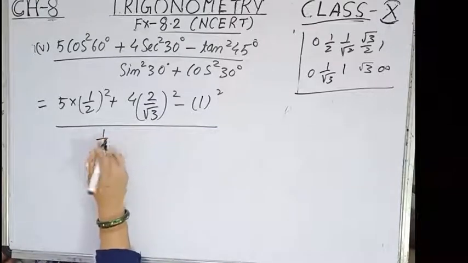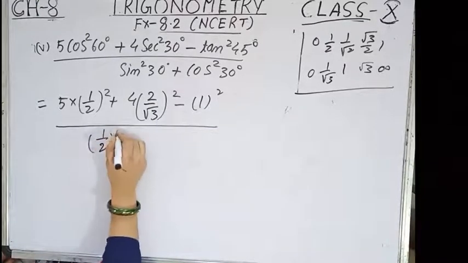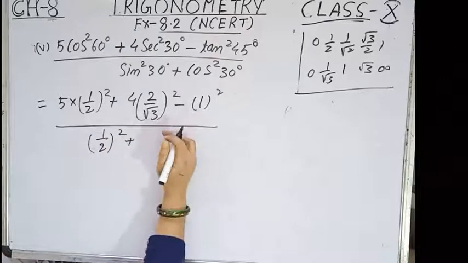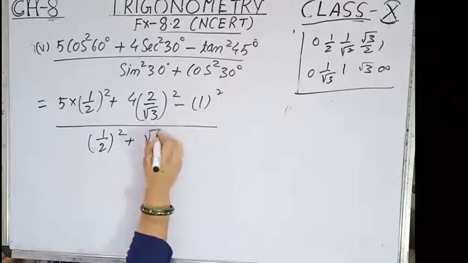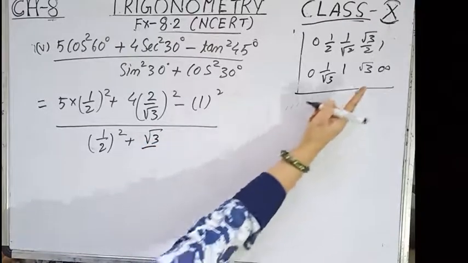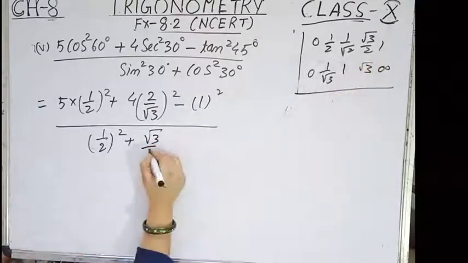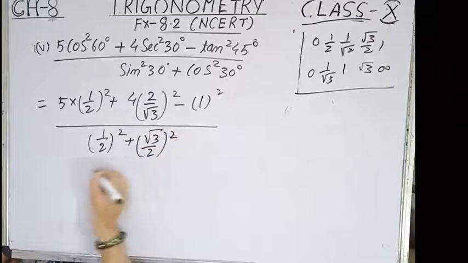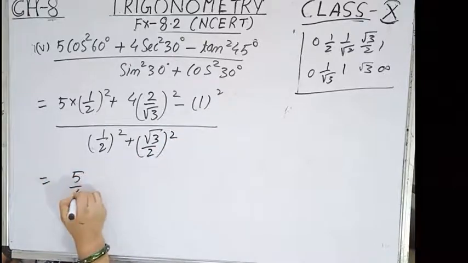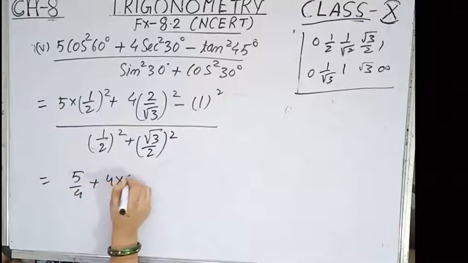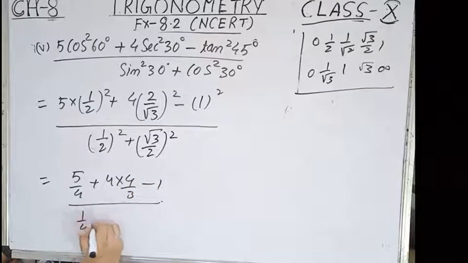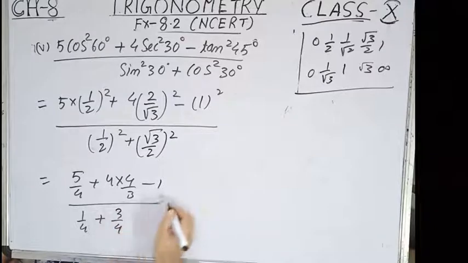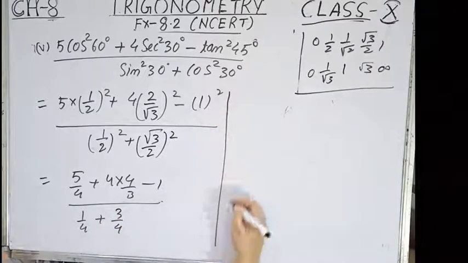Sin 30 is 1 by 2, 1 by 2 square plus cos 30, root 3 by 2, root 3 by 2 square. Now this I have to solve. So 5 by 4 plus 4 into 4 by 3 minus 1, divided by 1 by 4 plus 3 by 4. So let us solve it further.